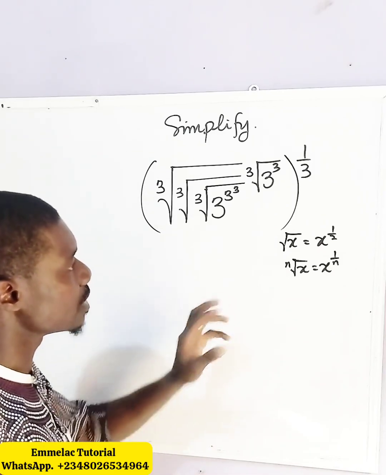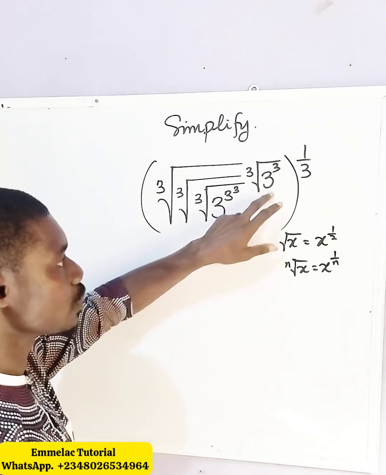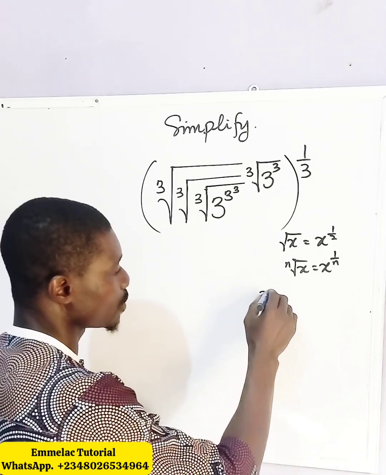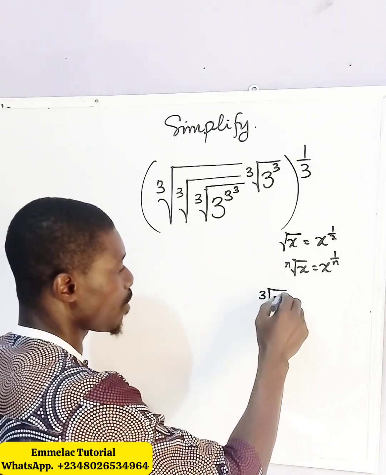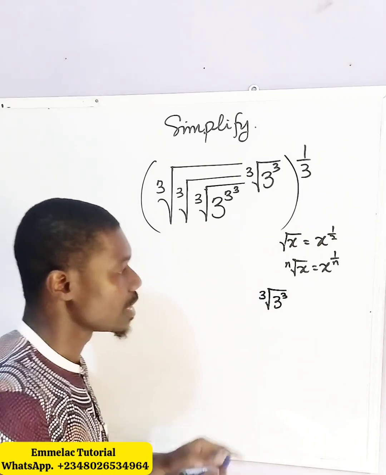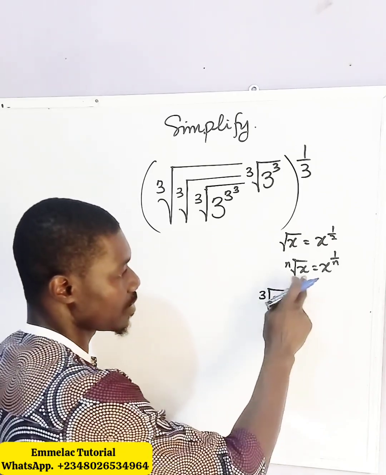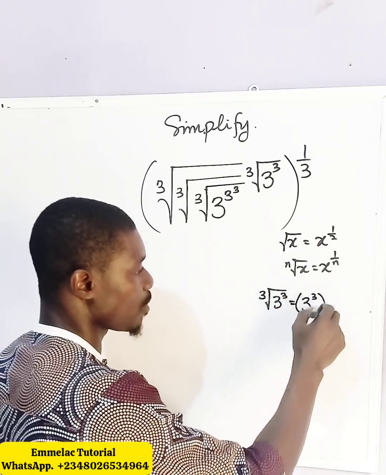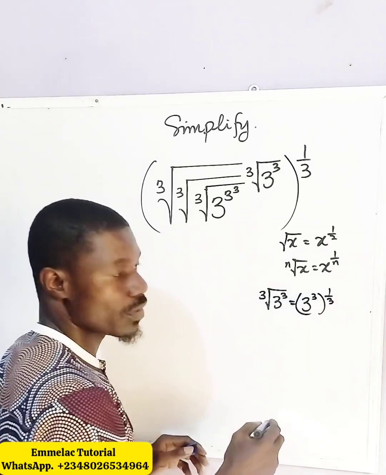Now look at it here. Let us resolve this first. The cube root of 3 raised to the power of 3. Applying this rule, we have 3 raised to the power of 3, all raised to the power of 1 over 3.